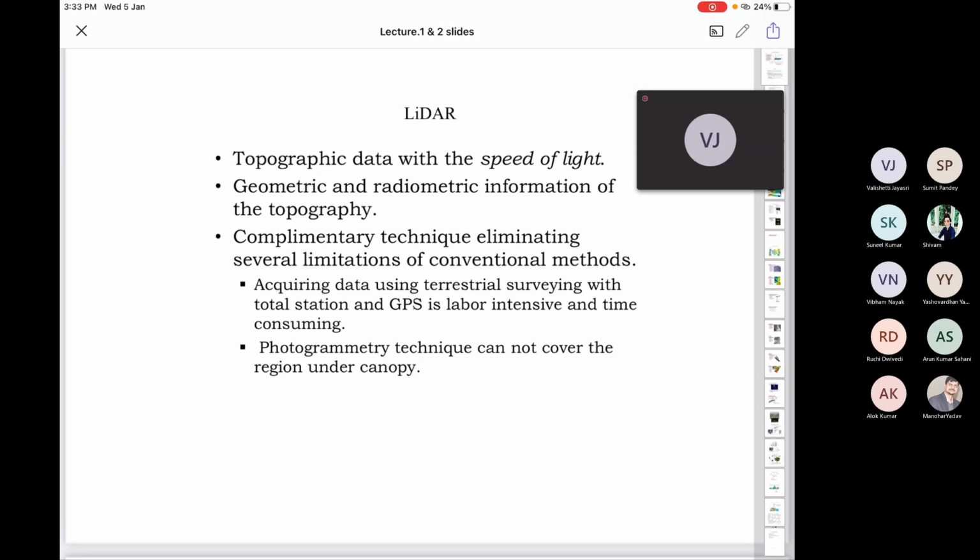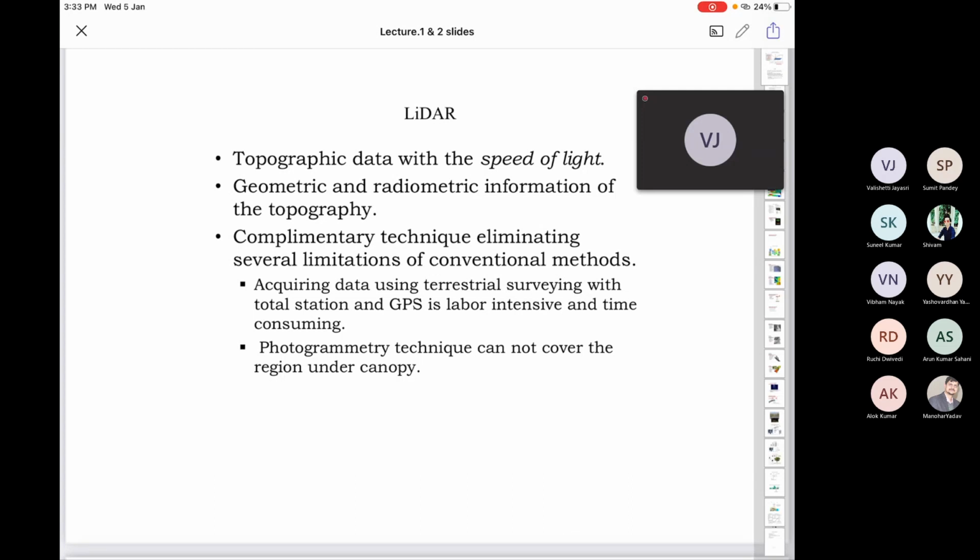Images are only collected from the top of the tree. But in the case of LiDAR, as it includes the principle of EDMI, it has a laser source, and its working is based on calculation of the total time of travel. That laser beam can penetrate through the tree canopies, reach the ground, and return back.